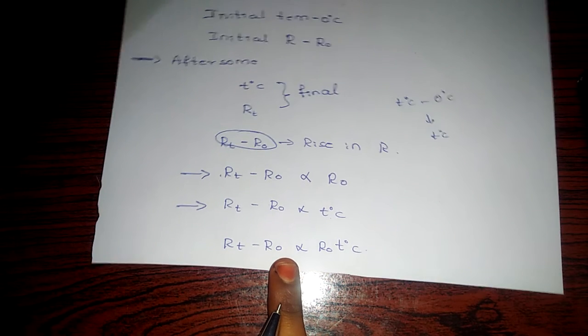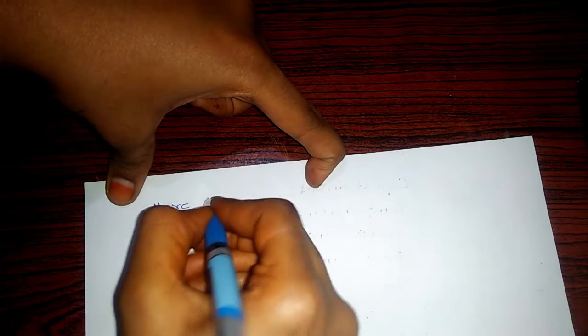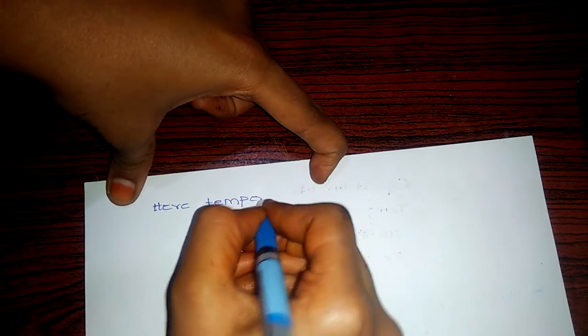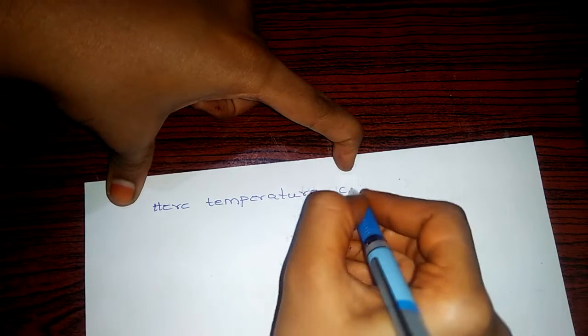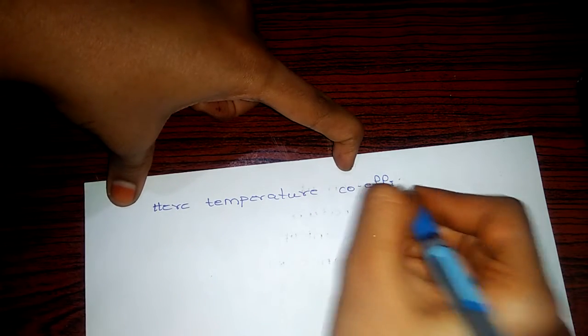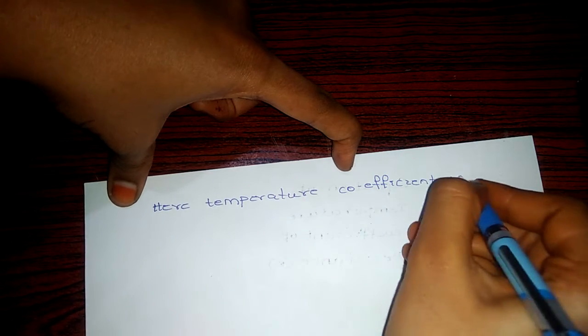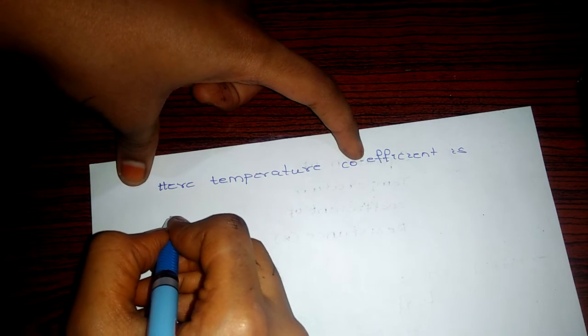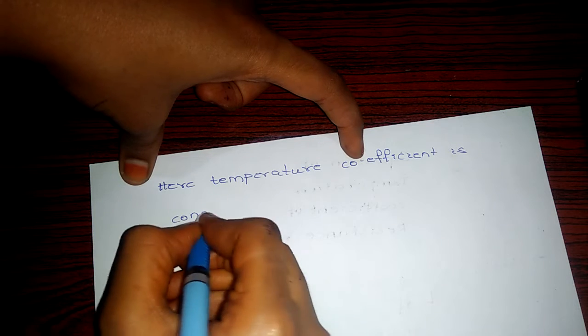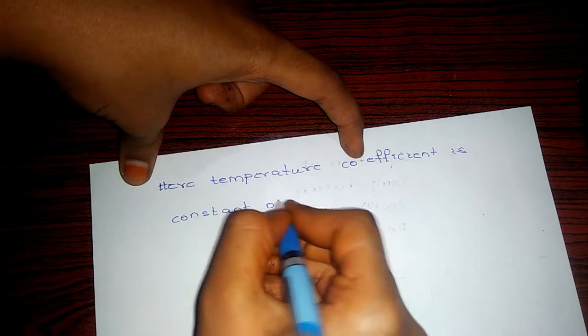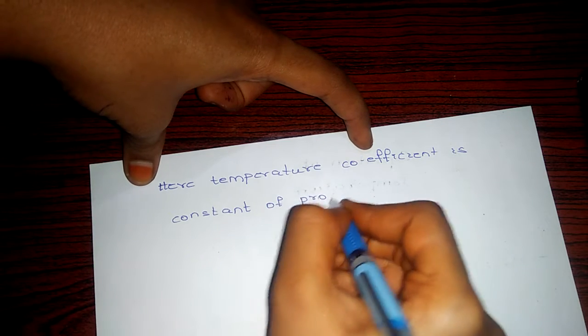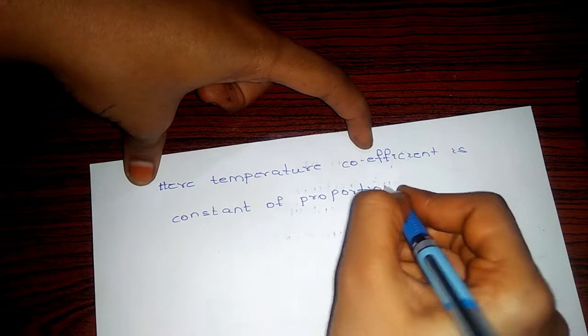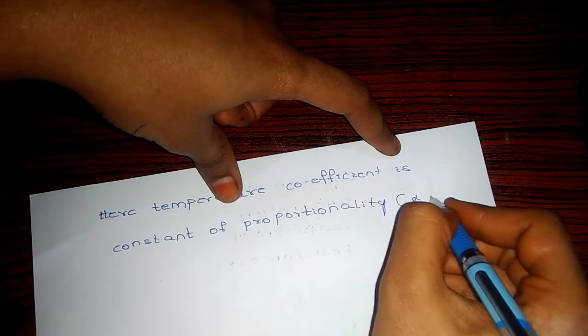Here the proportionality constant is the temperature coefficient. The temperature coefficient is the constant of proportionality, and it is indicated with the symbol alpha.